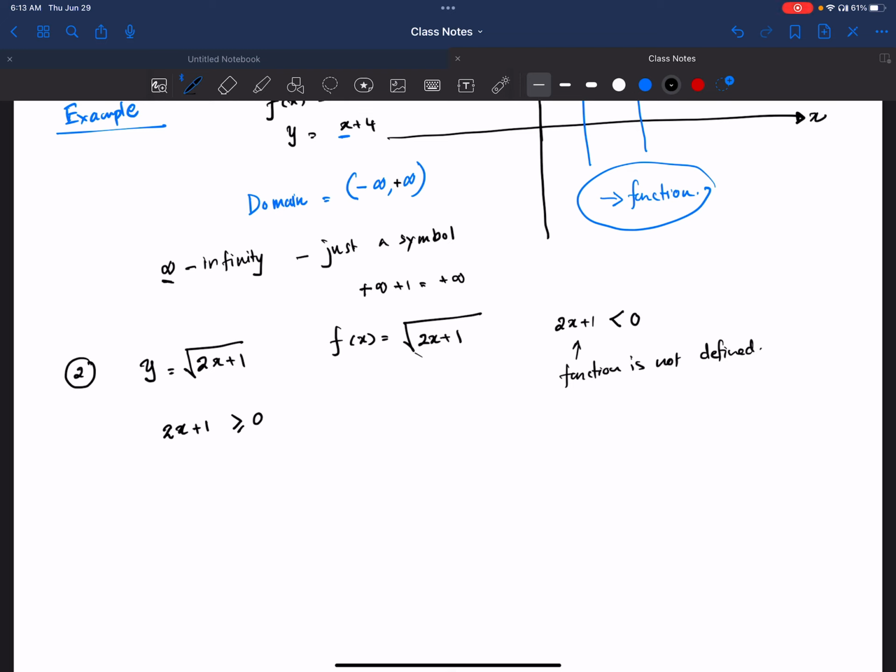We can add and subtract without changing the inequality. Plus 1 minus 1 is equal to 0, and then you have 2x greater than or equal to negative 1.